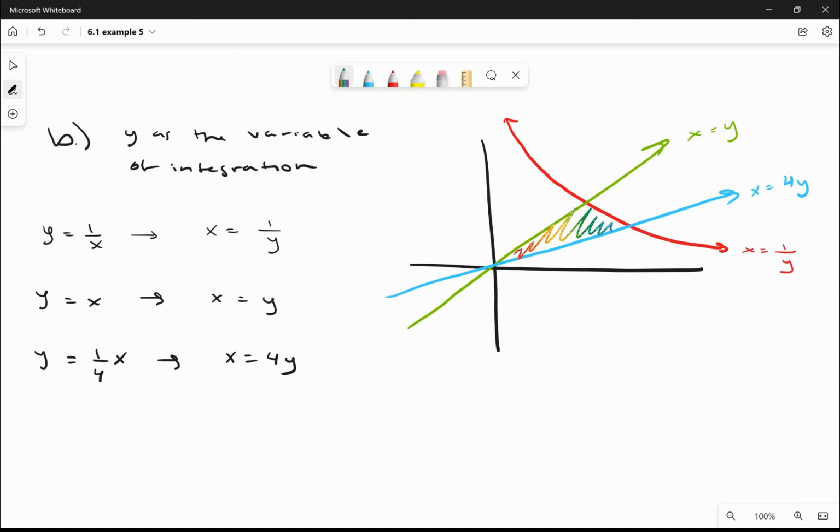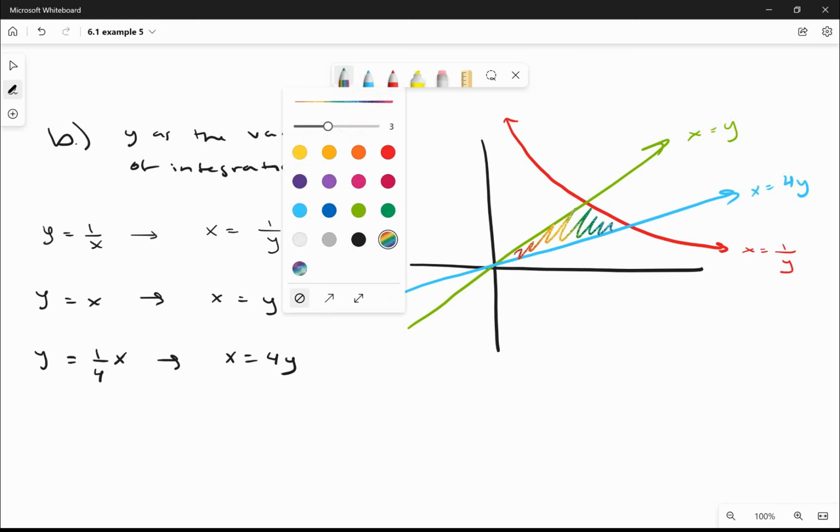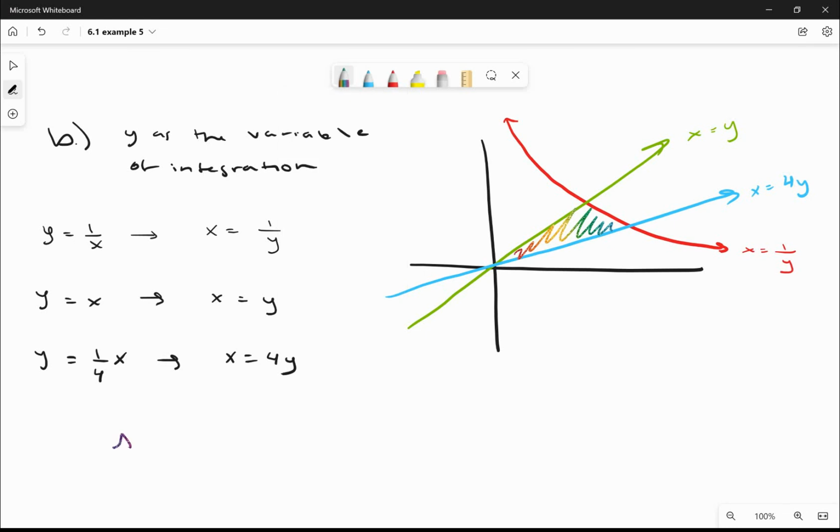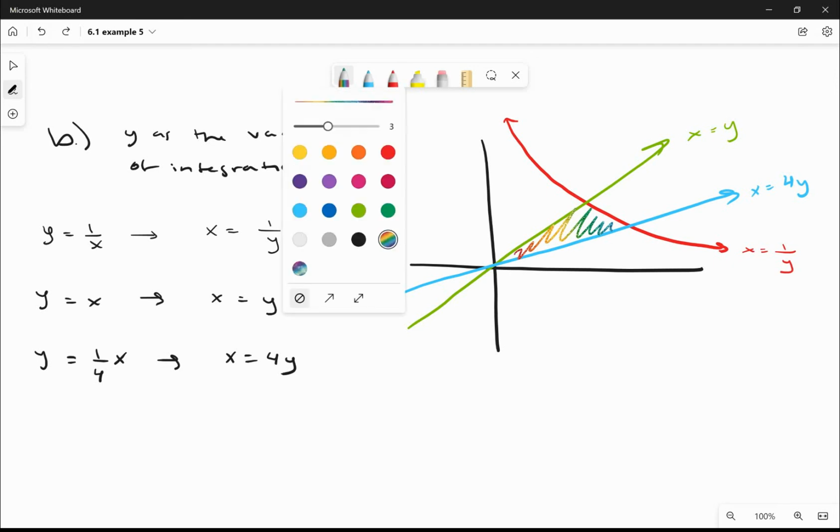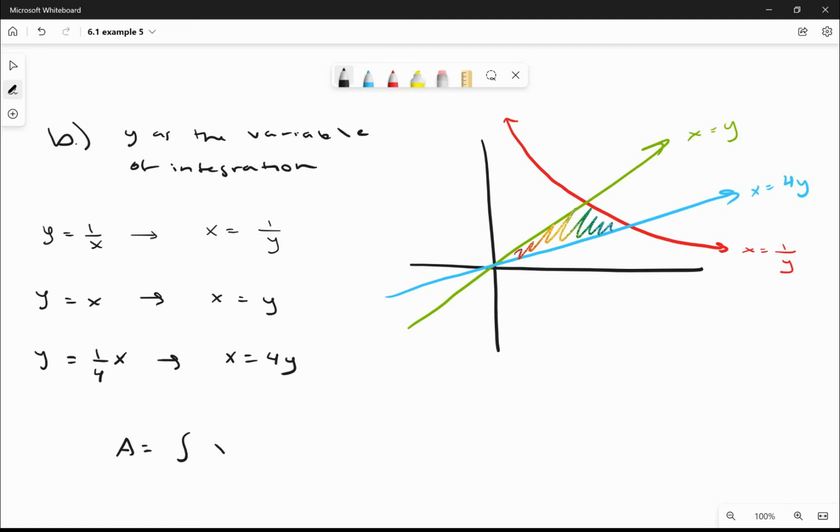So we want to do this with respect to y. And we know that that corresponds to having this view where we have left and right curves instead of top and bottom curves. Right, so we have something like this.